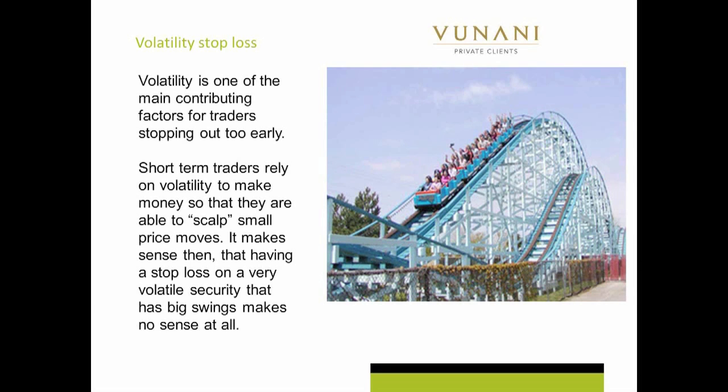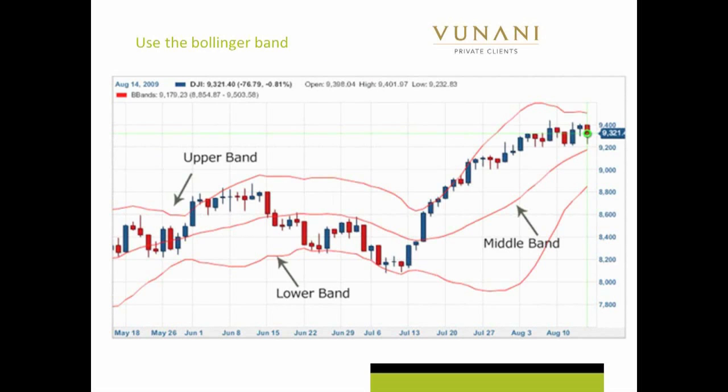How to read a Bollinger Band: when the bands lie close together, you have a period of low volatility. When the bands expand and get further apart, there's an increase in price action, and market volatility is what is being indicated.